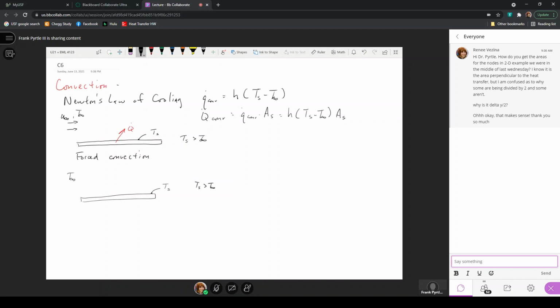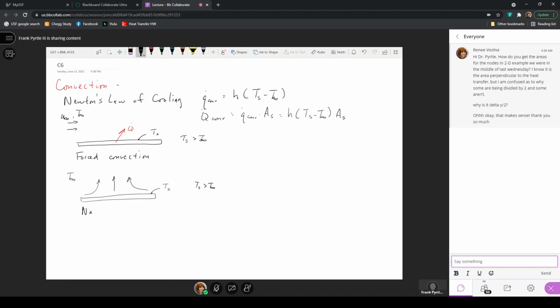For all fluids, whether they be liquids or gases, as the temperature increases, the specific volume increases or the density decreases, such that that molecule of fluid would want to move up and away from the surface. And of course, due to conservation of mass, if those particles move up and away from the surface, then other particles that have a lower temperature move in to replace them, and that will also give rise to convection.